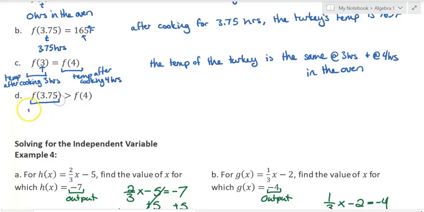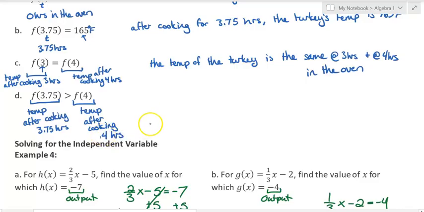Okay, this means the temperature after cooking. The input is 3.75, so that's the t, that's the time, 3.75 hours. This means the temperature after cooking 4 hours, and keep in mind that greater than symbol.